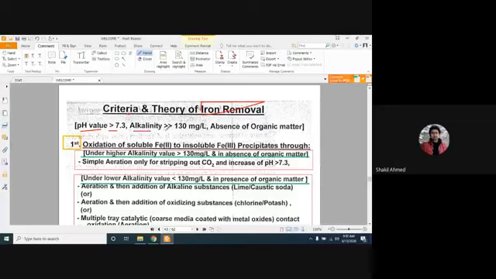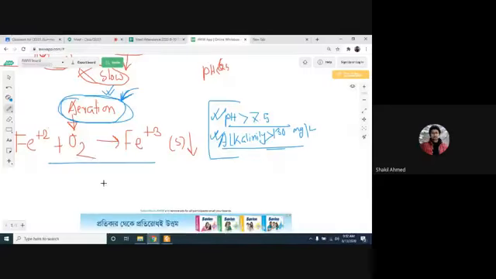Alkalinity has to be much greater than 130 milligram per liter. We call it 150, 200 milligram per liter. And absence of organic matter. If your water has organic matter present in it, that will also interfere with this reaction and slow it down. So it's also important that your water doesn't have any organic matter.